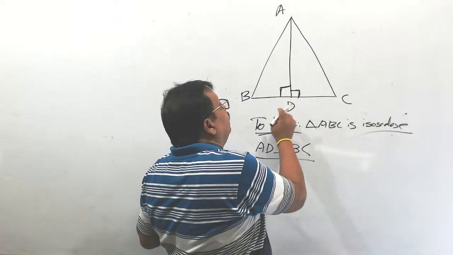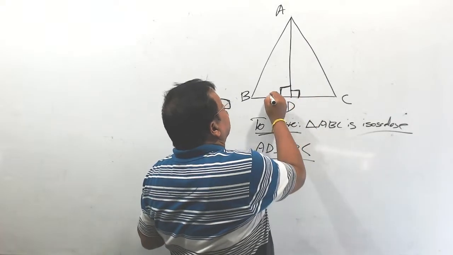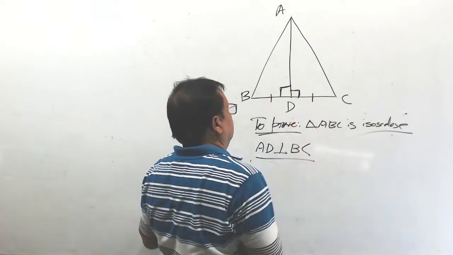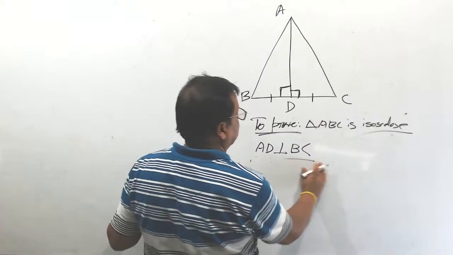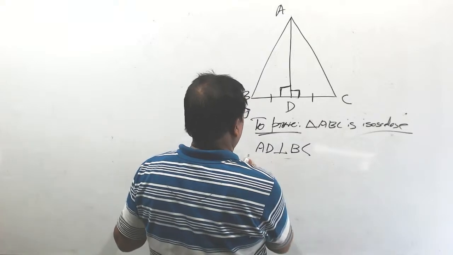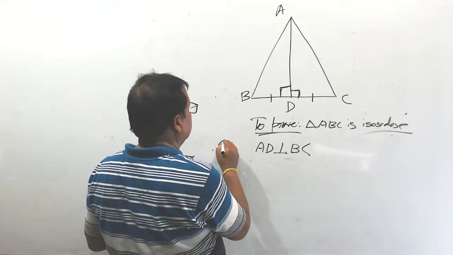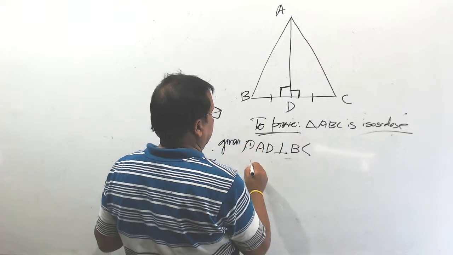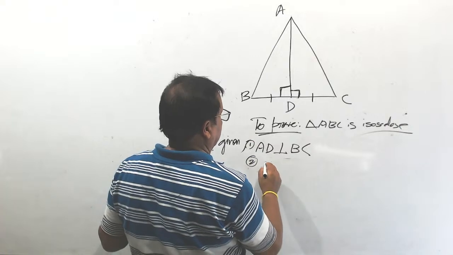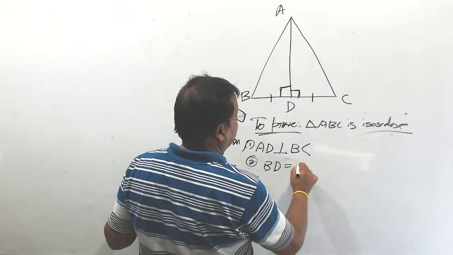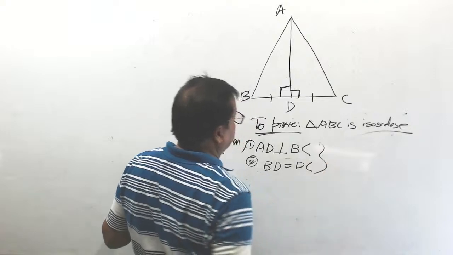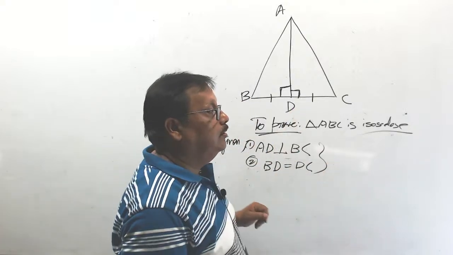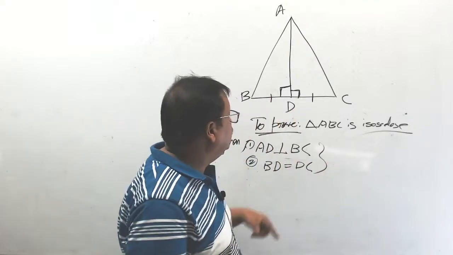And the altitude bisects BC. That means BD is equal to DC. This is also given. These are the given conditions, 1 and 2. Only these two conditions are given.